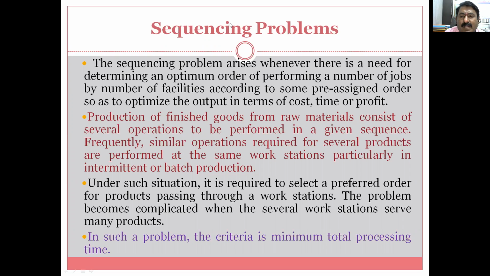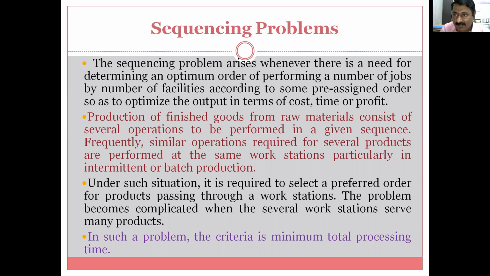The sequencing problem arises whenever there is a need for determining an optimum order of performing a number of jobs by a number of facilities according to some pre-assigned order, so as to optimize the output in terms of cost, time, and profit. I have already discussed this with you: when it is required to determine the optimum order of performing, 10 jobs are there, and these 10 jobs have various importance and various deadlines, and we optimize the output in terms of cost, time, and profit.